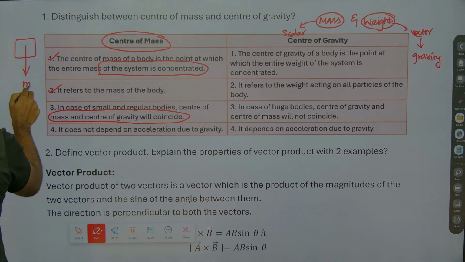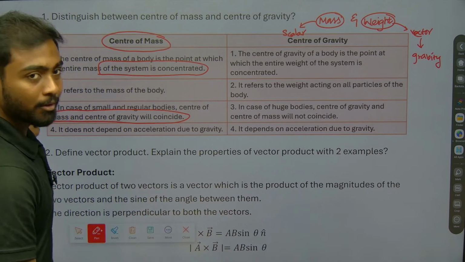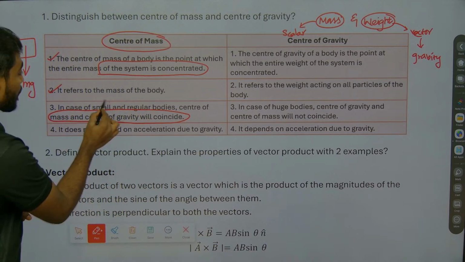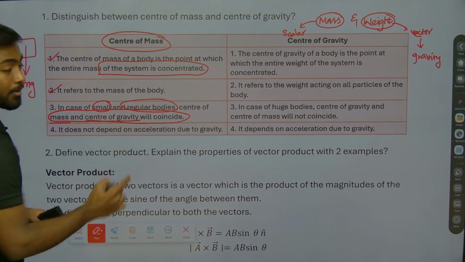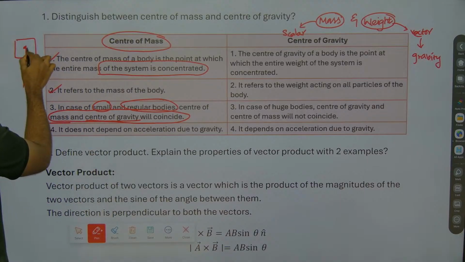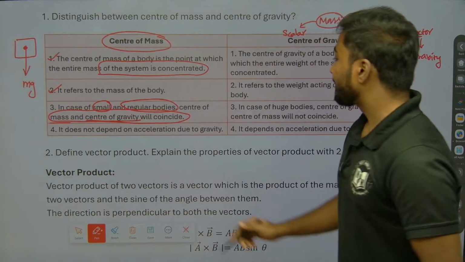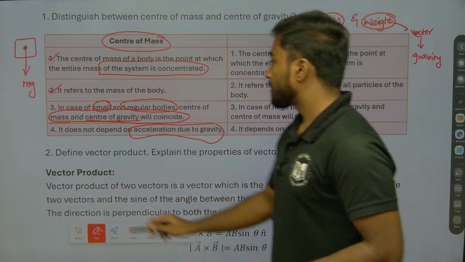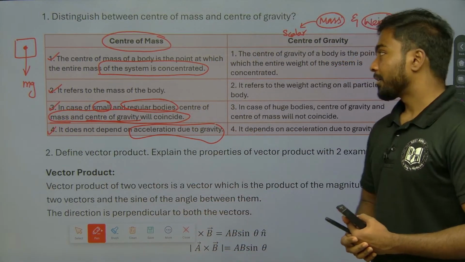It is mg, which we have talked about in problems of laws of motion also. For small regular bodies, center of mass and center of gravity will be on the same line of axis, so it does not depend upon acceleration due to gravity. So there are three to four points we need to mention for center of mass.